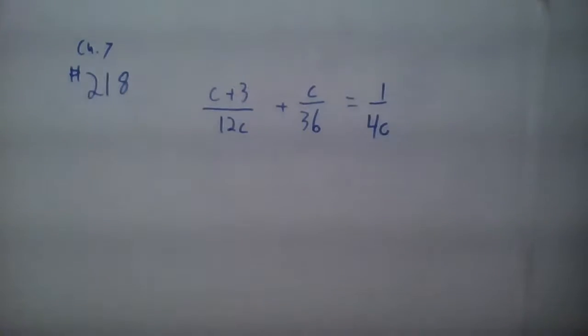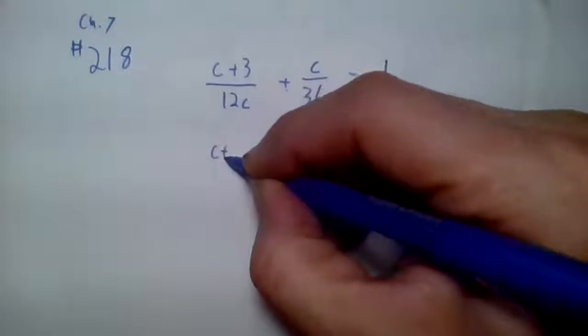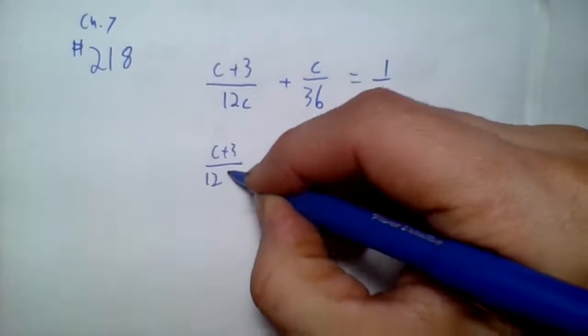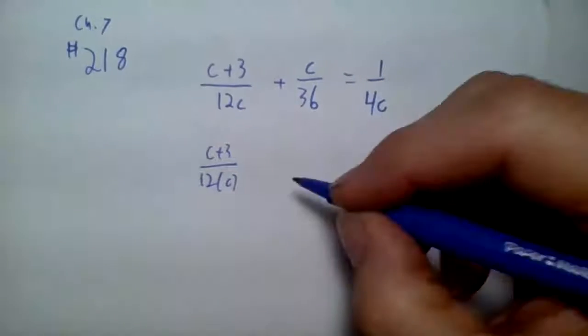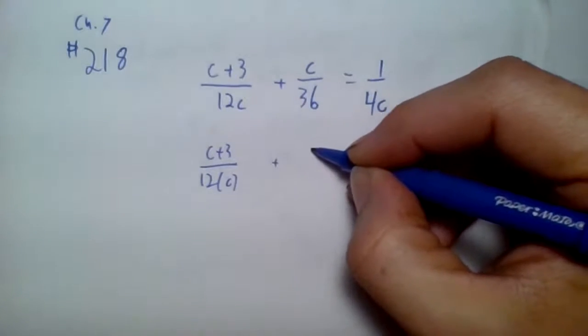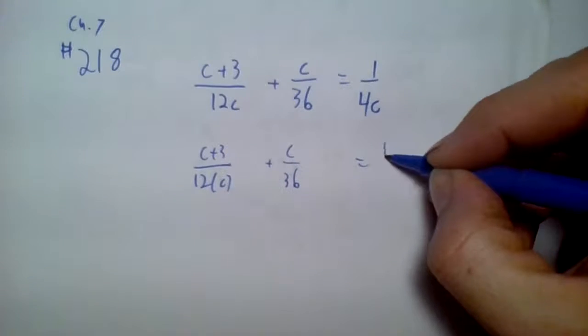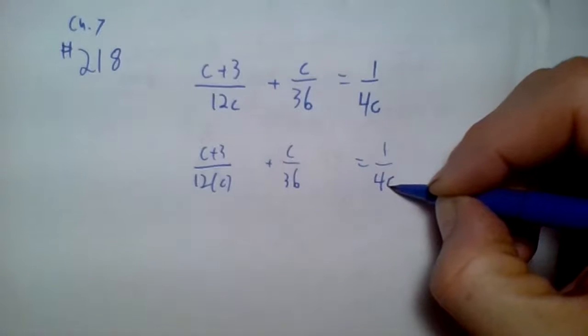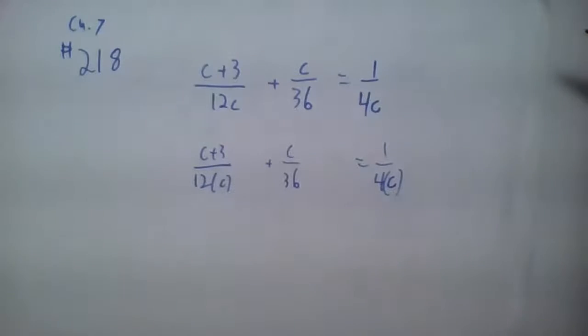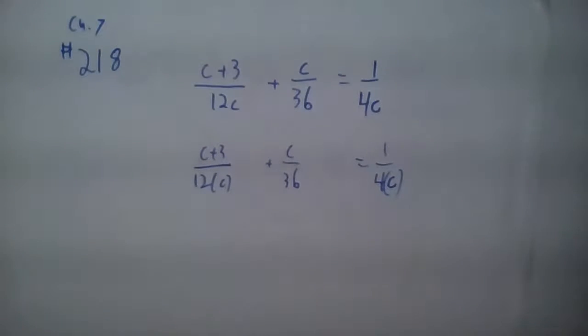So I'm thinking about, what am I going to multiply by? And leaving some space to multiply by something. So I have the factor c, and I have these numbers. What is really a common multiple for all of these numbers?